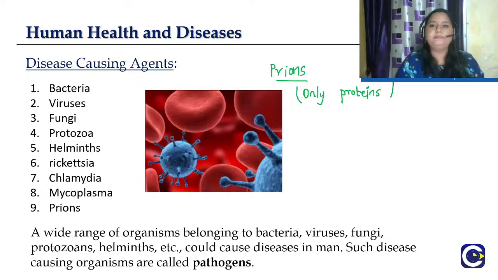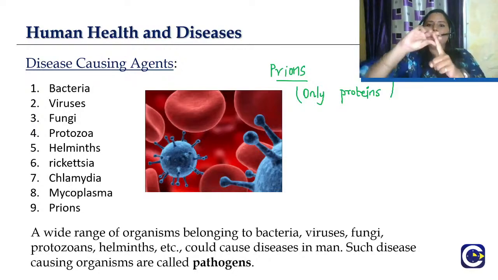Prions are only proteins. How do they infect us is that when they enter into our body, our immune system is alerted. Okay, and these proteins will damage the brain proteins. A protein will undergo a three-dimensional folding.